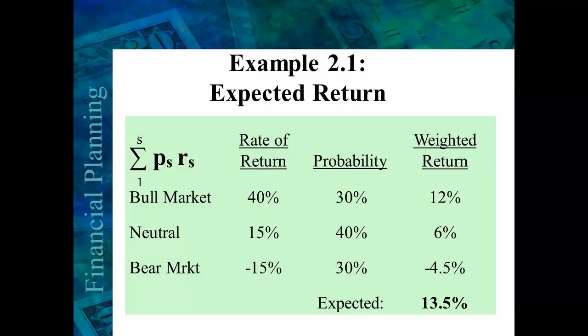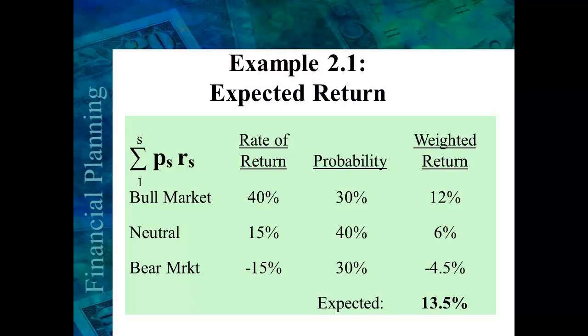The expected return in a neutral market is 15%. The neutral market is anticipated to occur 40% of the time. 15% times 40% yields a weighted scenario return of 6%. In the bear market, the expected return is a loss of 15%, and it is anticipated to occur 30% of the time.